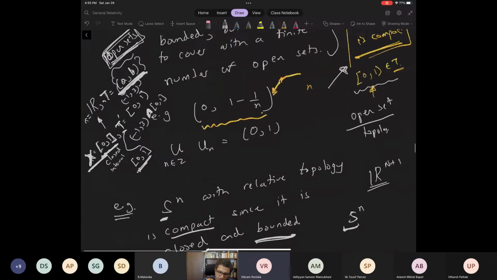We haven't really talked about the topology that you induce on closed intervals, but the topology that you induce on closed intervals will also contain these closed and half closed intervals as open sets of that topology.